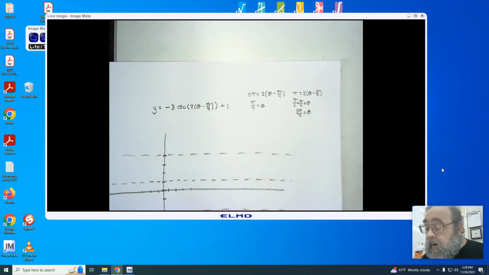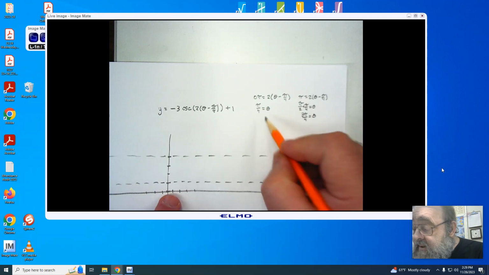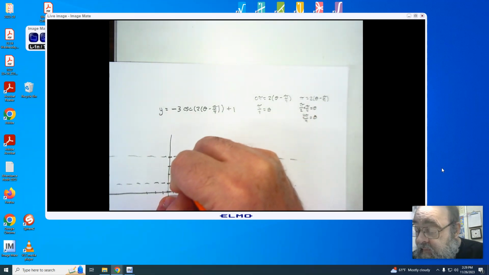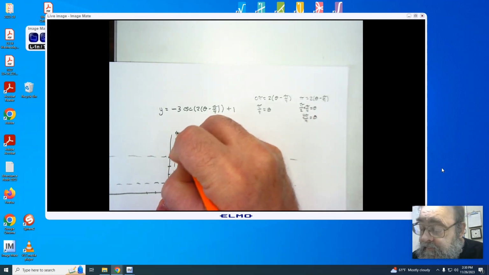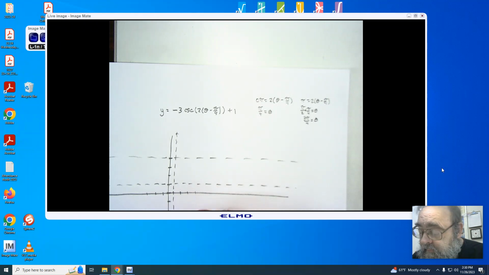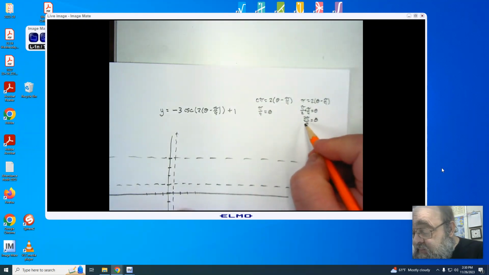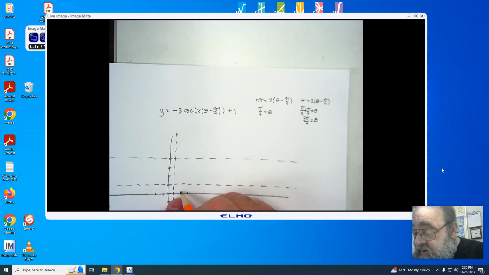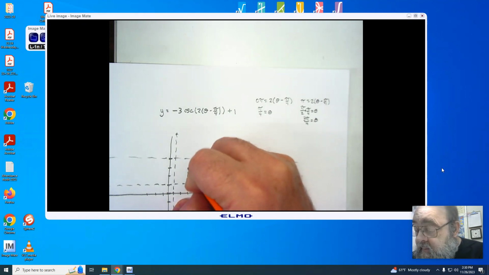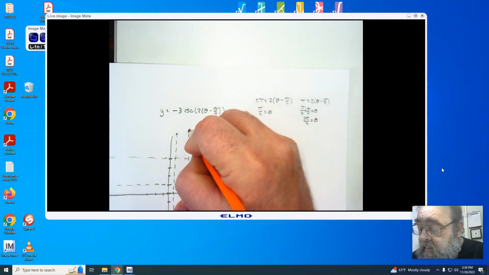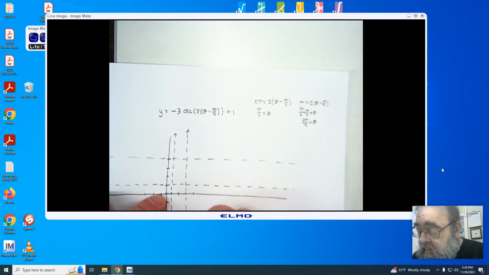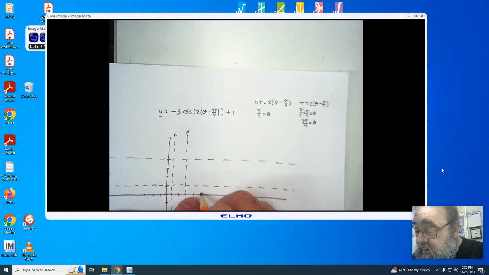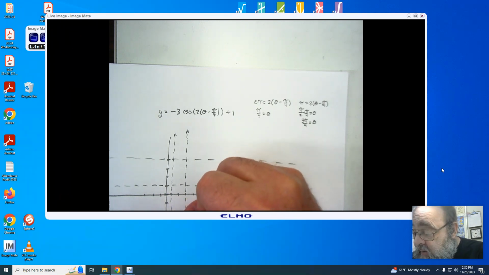Alrighty, so our first asymptote is at pi over 4. Second asymptote is at 3 pi over 4. So that was 2, here's 3. Let's do another 2: 1, 2. That's going to be 5 pi over 4.